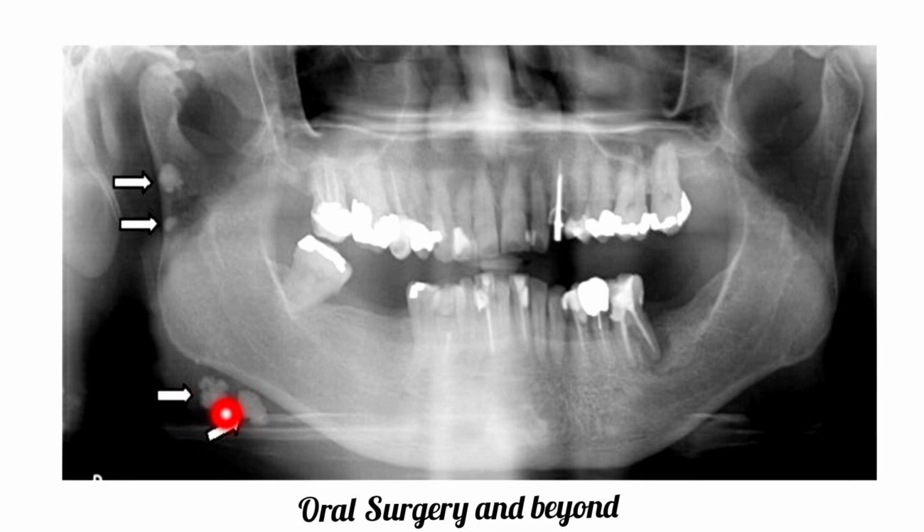Generally this is the region of the submandibular gland and this is the region of the parotid gland, right? So mostly these are a sialolith of the submandibular gland and a sialolith of the parotid gland. We have to keep in mind that such salivary gland calculi can also be diagnosed on the OPG.